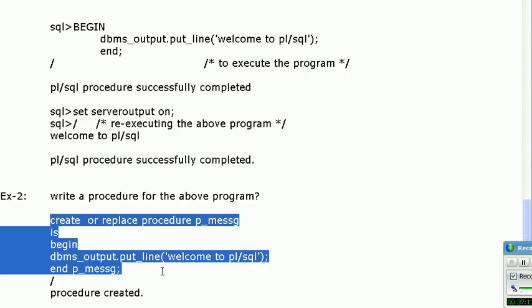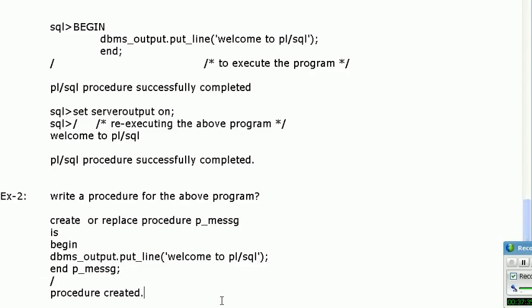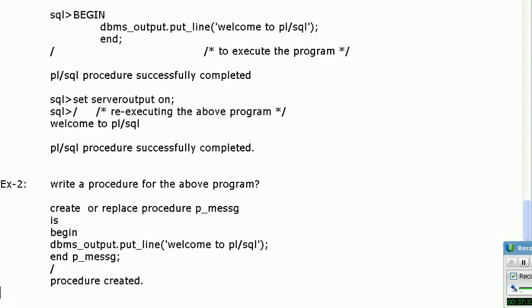Whenever you execute the program, it is not compiled again, because once compiled, it should not be compiled again. So whenever you execute it, it only executes the program statements. Is it clear? These procedures can be stored.